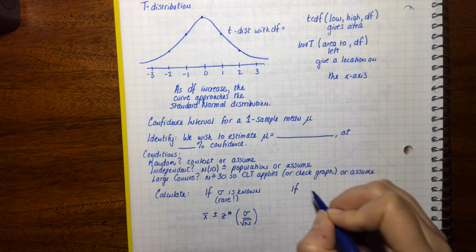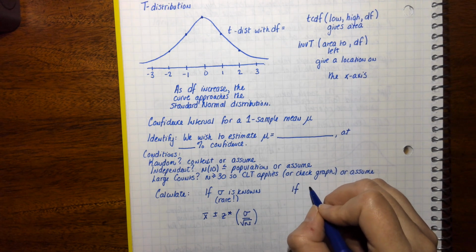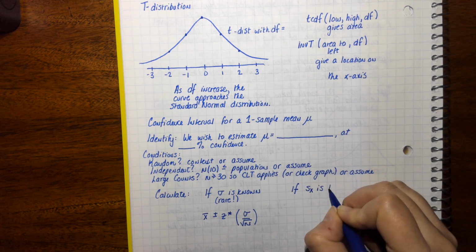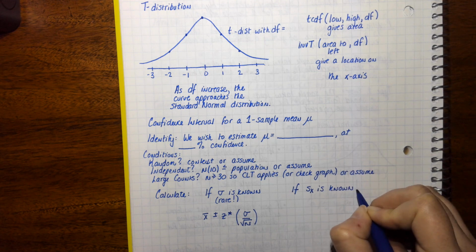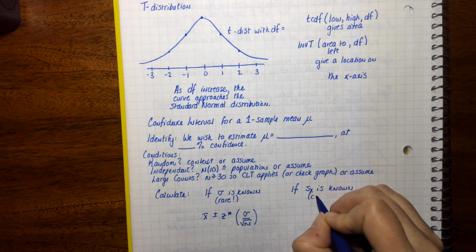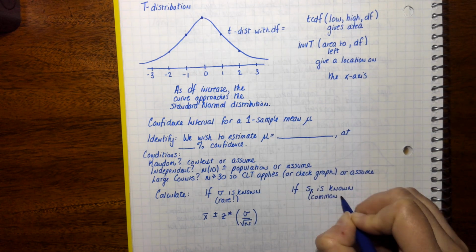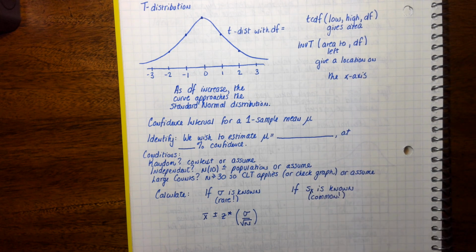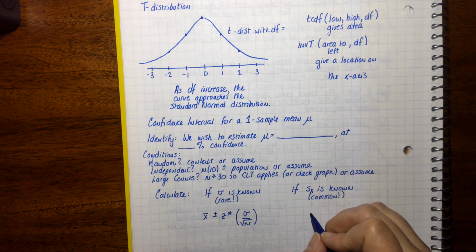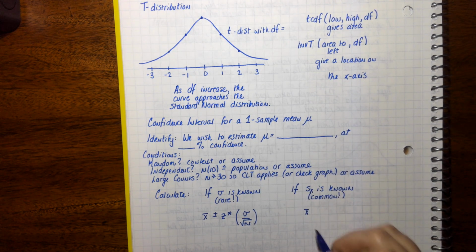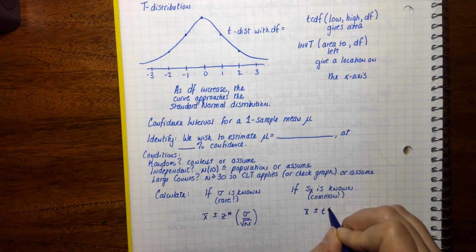If you only have the sample standard deviation, which is going to happen most of the time for these problems, then your confidence interval will be x bar plus or minus t star times s over the square root of n.